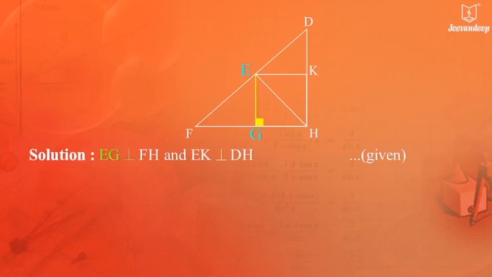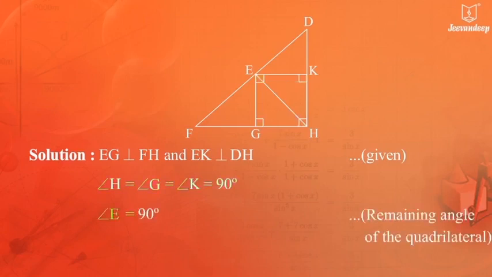EG is perpendicular to FH and EK is perpendicular to DH, as given. Angle H equals angle G equals angle K equals 90 degrees. Angle E equals 90 degrees, the remaining angle of the quadrilateral.